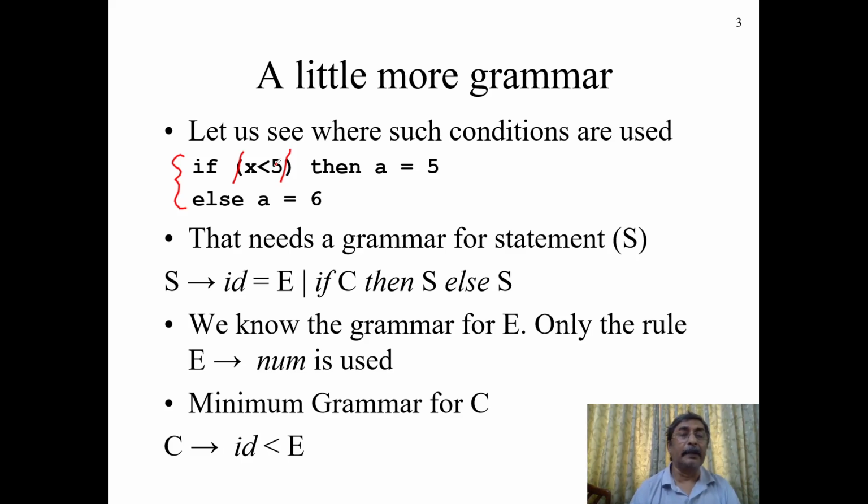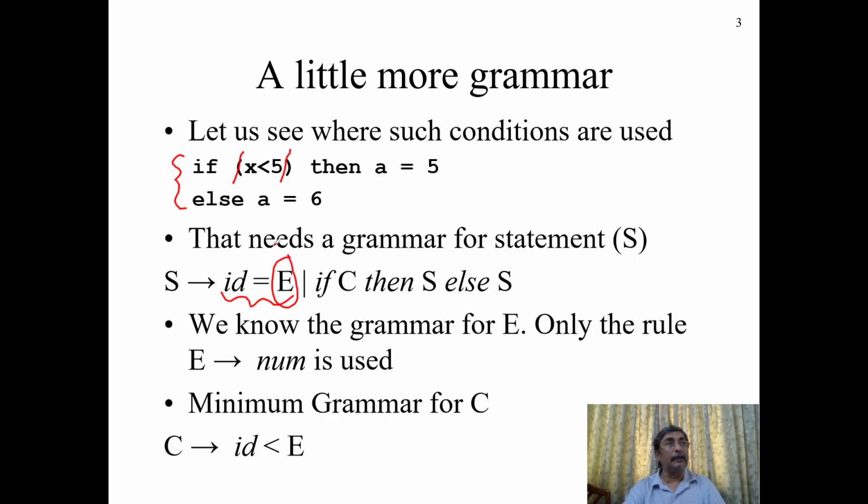I need a grammar for generating statements. So there must be a non-terminal which will generate the statements. We are just generating two types of simple statements. One is an assignment statement, that is id assigned E. We all know that E stands for an arithmetic expression.